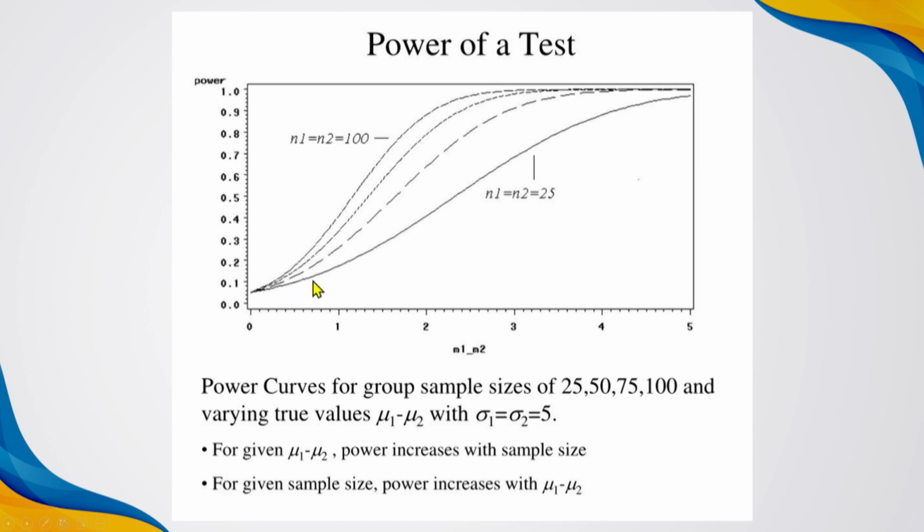Then power curves for group sample sizes of 25, 50, 75, 100 and varying true values of the difference between two means mu1 and mu2, with sigma 1 equal to sigma 2 equal to 5. For a given mu1 minus mu2, the power increases with the sample size. For a given sample size, the power increases with mu1 minus mu2.